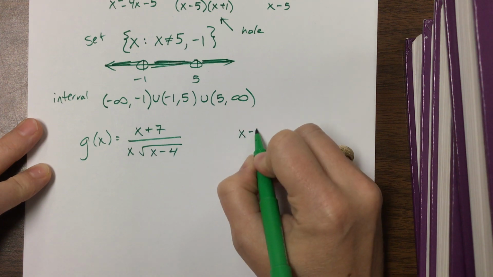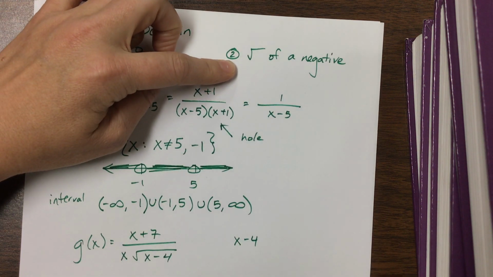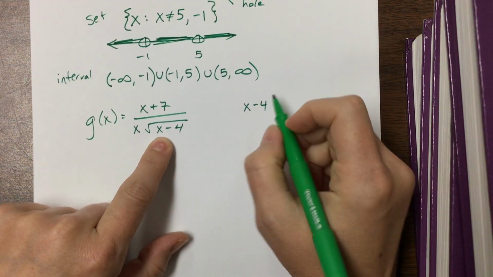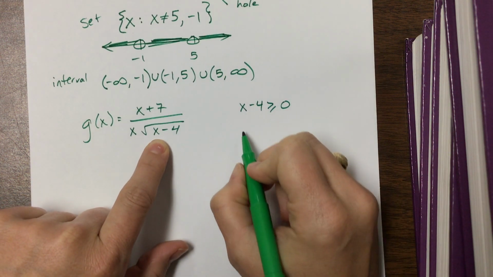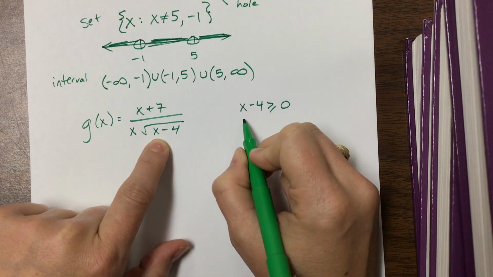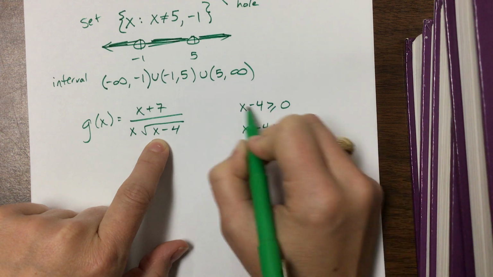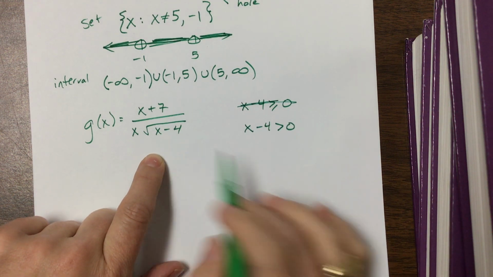So I know that x minus 4 has to be, we said we can't take the square root of a negative. But we also can't divide by 0. So notice my radical is in the bottom. Normally we would say it has to be greater than or equal to 0. But in our particular scenario, because it's in the denominator, we're going to say x minus 4 has to be greater than 0, because if it were equal to 0, then I'd be dividing by 0. And I'm not Chuck Norris.